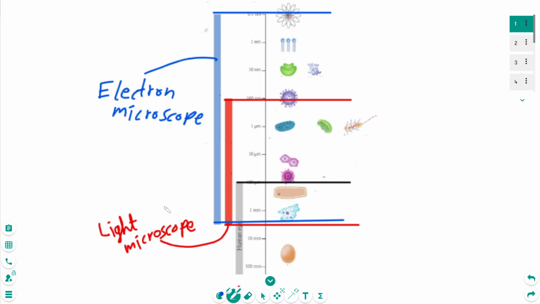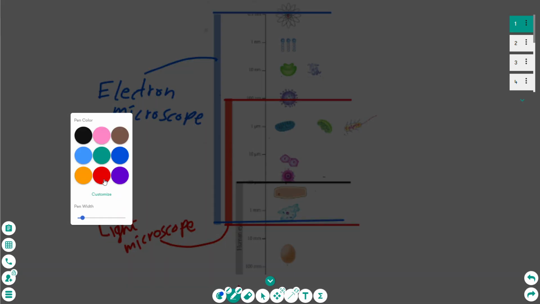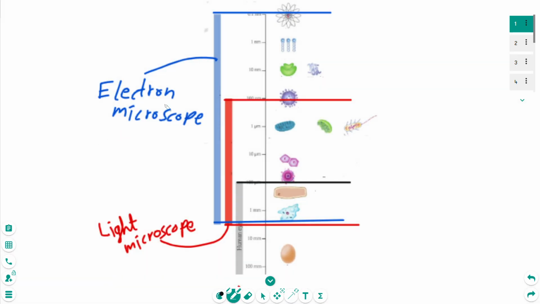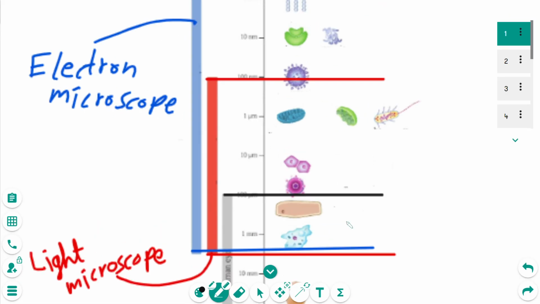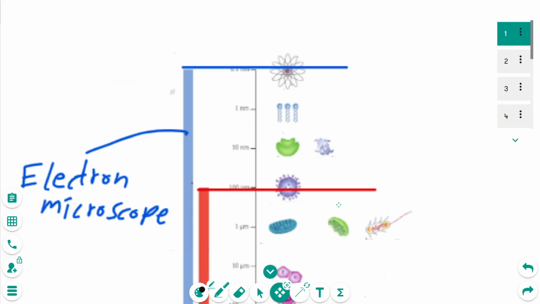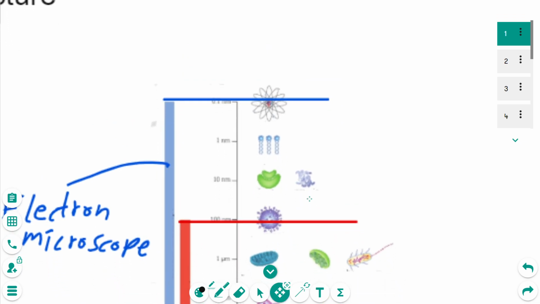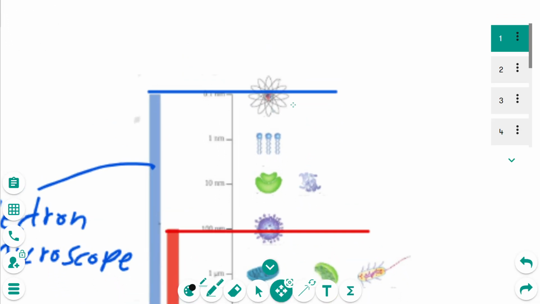So now we're going to go through this scale and start looking at the different objects you can see by using each of these microscopes.